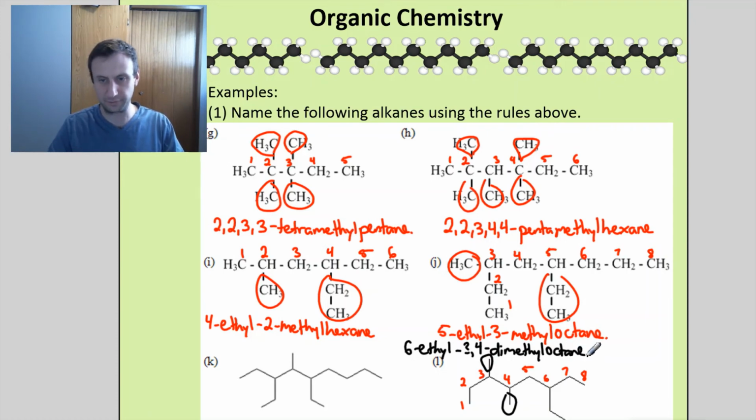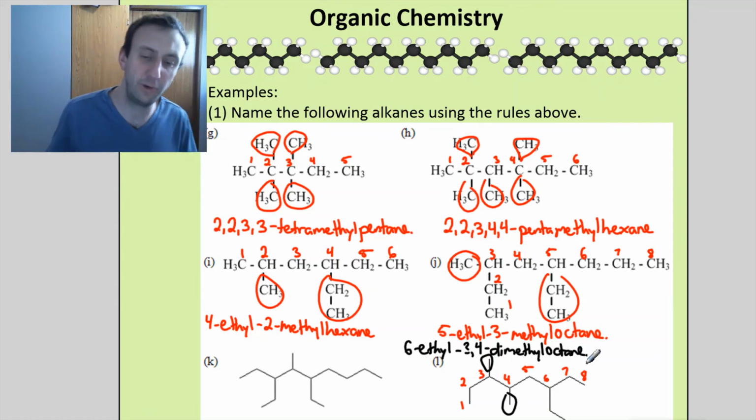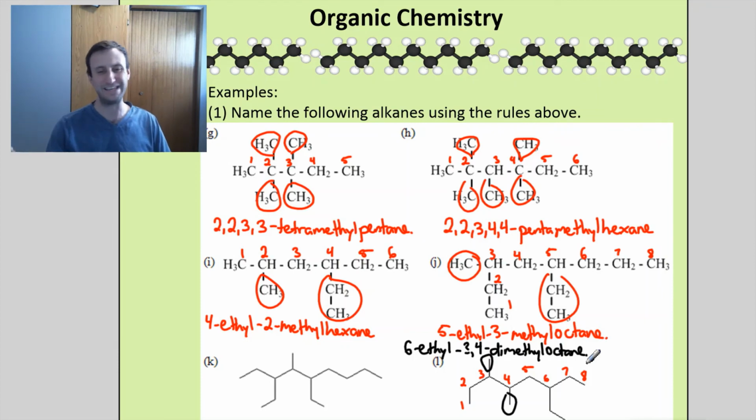Now this brings up an interesting point. The interesting point is that ethyl is E and it's going before the D in dimethyl. And again, that's because the order has to go alphabetically by the branch name, not by the prefix. So because E comes before M in the alphabet, ethyls are listed before the methyls.